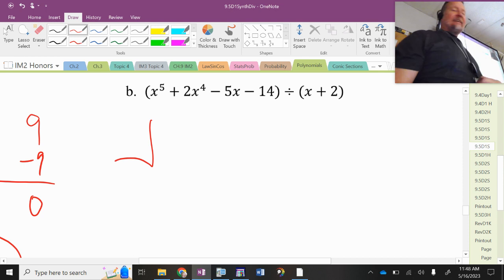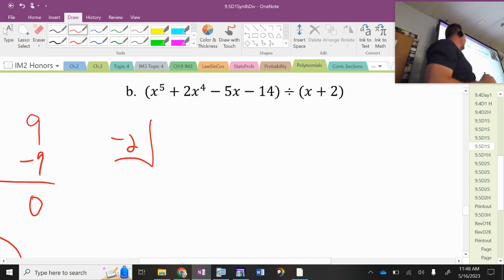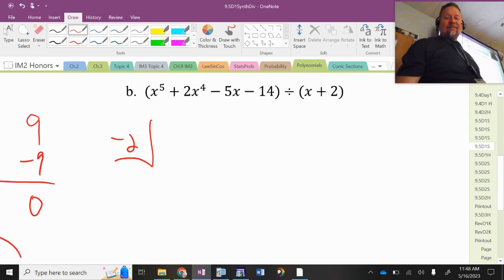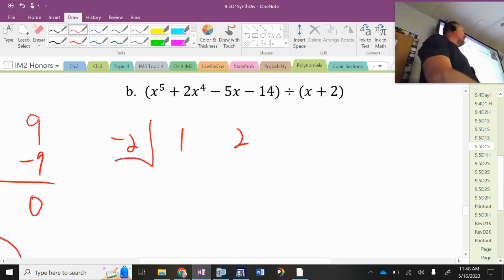Haley, what goes in the blank? And then keep going. So what's the next part? 1, 2. So you have x to the 4th, and then it went to x.